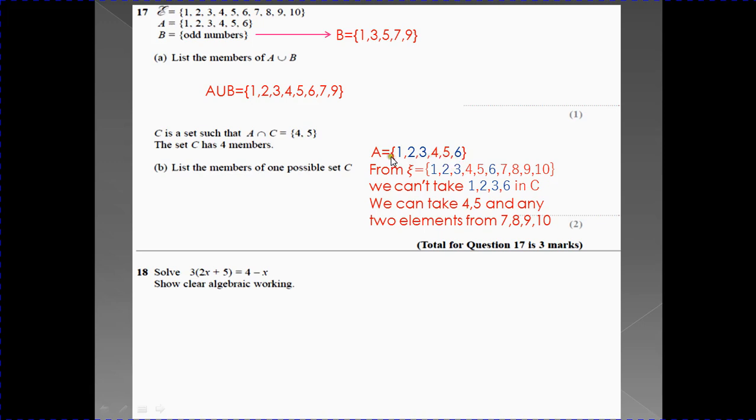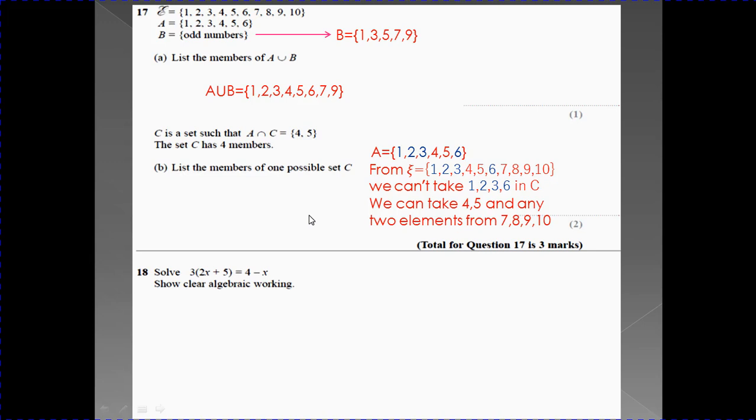You see here we have A: 1, 2, 3, 4, 5, 6. Then the elements of the intersection are 4 and 5. Then you must put them again in C, but you cannot take any other element from A. Then you cannot take 1, you cannot take 2, you cannot take 3, you cannot take 6. You will take 4 and 5 and any other elements from the universal set.